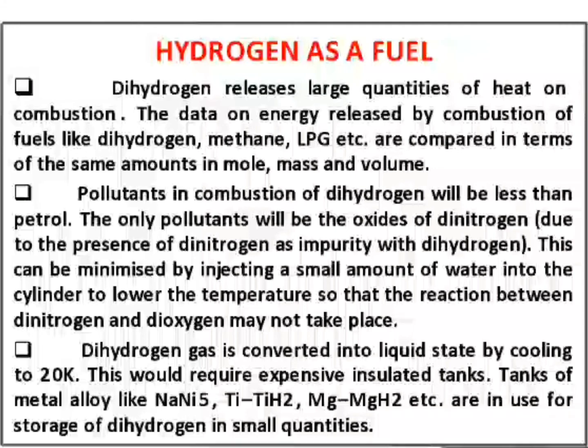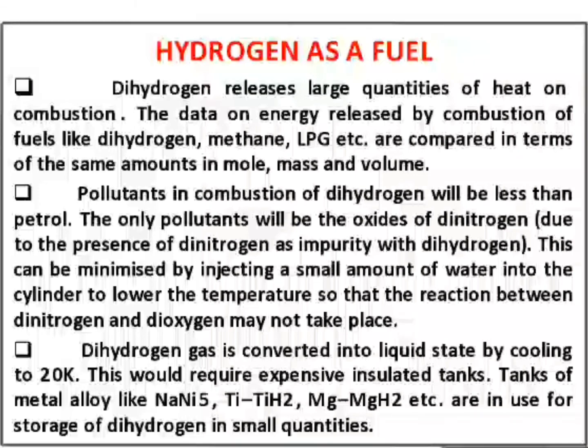So here you see, we have to use tanks which are insulated, means if we check the contact of heat or fire with hydrogen, then we can reduce the accidents. Okay, so here tanks should be insulated, and tanks of metal alloys like sodium, nickel, titanium hydride, magnesium hydride.